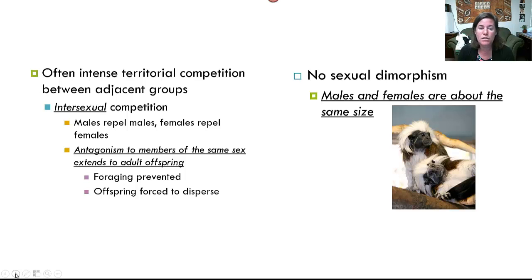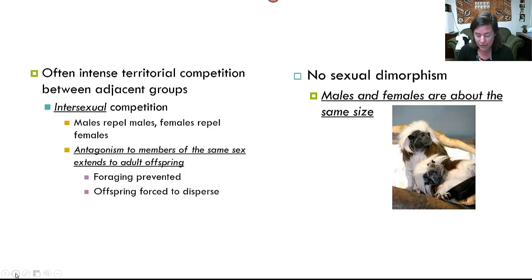The antagonism to members of the same sex often even extends to adult offspring of the same sex. For example, resident males will often exhibit intense agonistic behavior towards their sons, while adult females will display intense agonistic behavior towards their daughters.